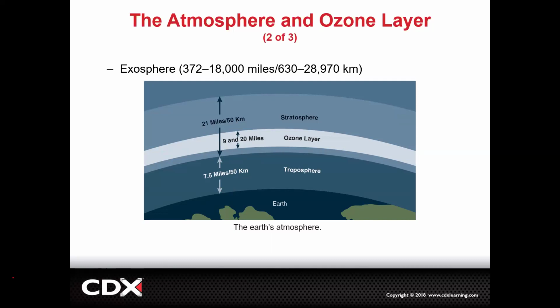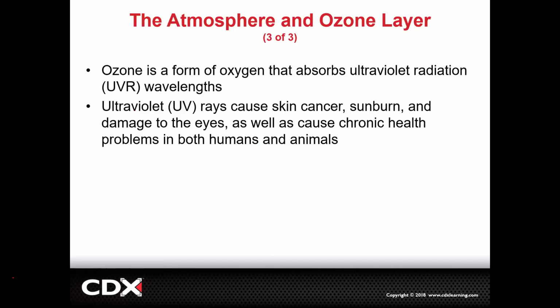Now, what's the reason this is important? You ready? That ozone layer, it's like oxygen. Remember, it's O3. It absorbs ultraviolet radiation, so UV, especially UVR wavelength. There's UV that we could deal with, and then there's some wavelengths that are really bad.